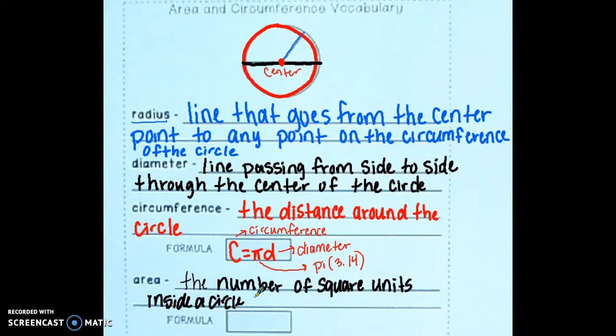So the formula is A, which stands for area, area equals pi times the radius squared. Now, it's not the radius times 2. That's an exponent. And then r stands for radius.